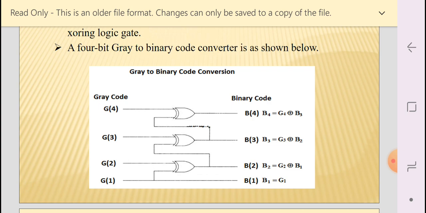And B2 equal to G2 XOR B1, so B1 is connected with G2 with the help of an XOR gate, and we get B2. B3 equal to G3 XOR B2 and B4 equal to G4 XOR B3.